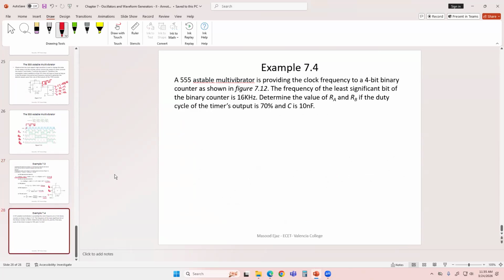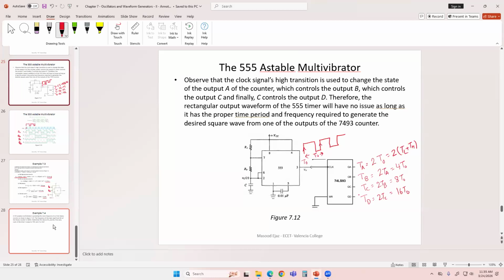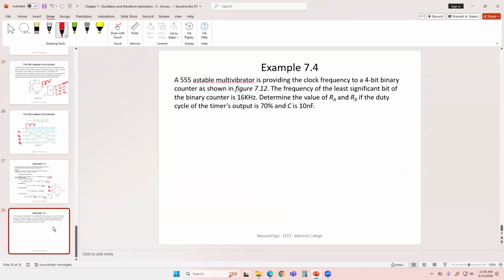A 555 astable multivibrator is providing the clock frequency to a 4-bit binary counter, as shown in figure 7.2. The frequency of the least significant bit of the counter is 16 kilohertz. Determine the value of RA and RB if the duty cycle of the timer's output is 70% and C is 10 nanofarad.